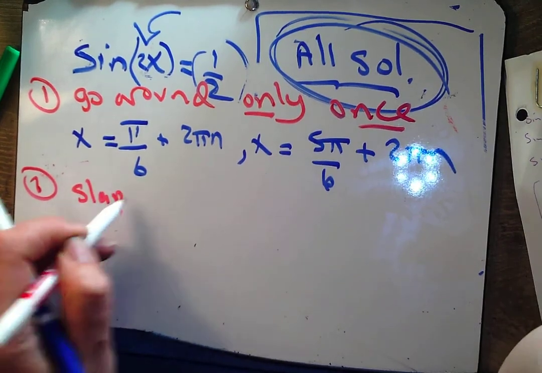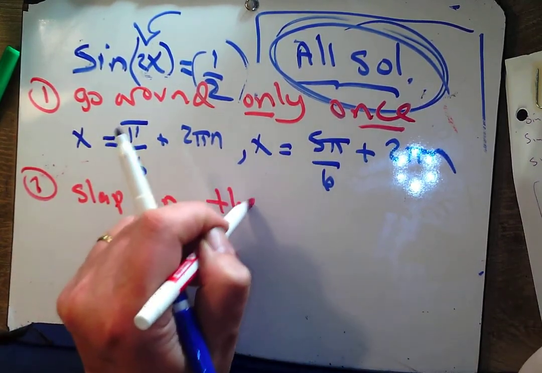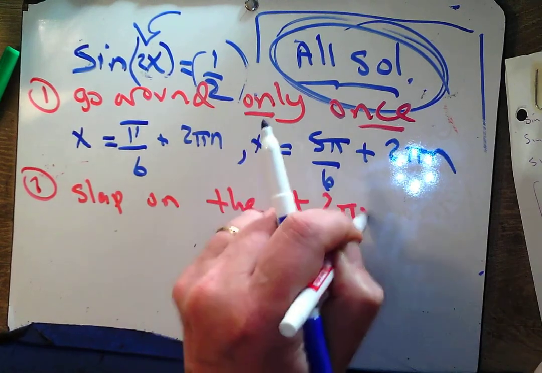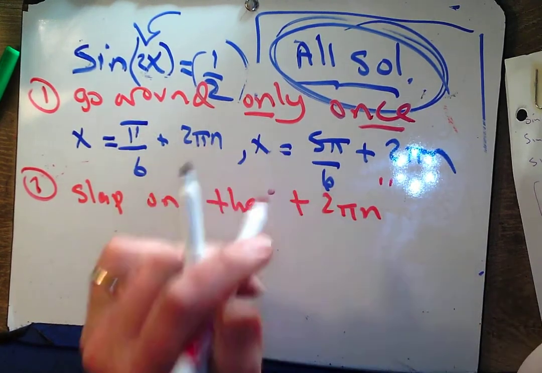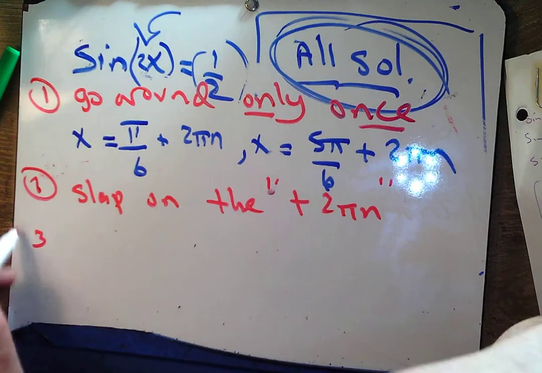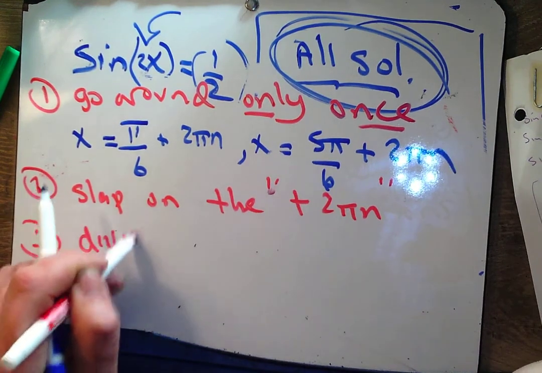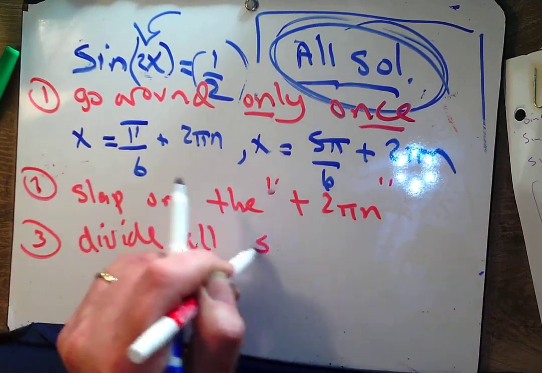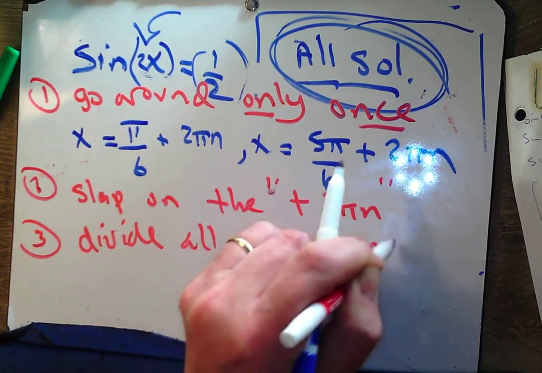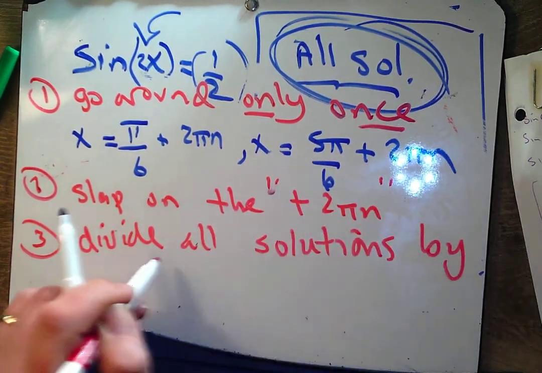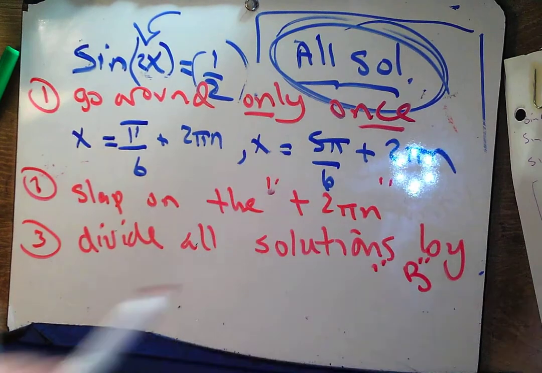Step 2, slap on the plus 2 pi n. And step 3, divide all solutions by the b value. And what do I mean by that?